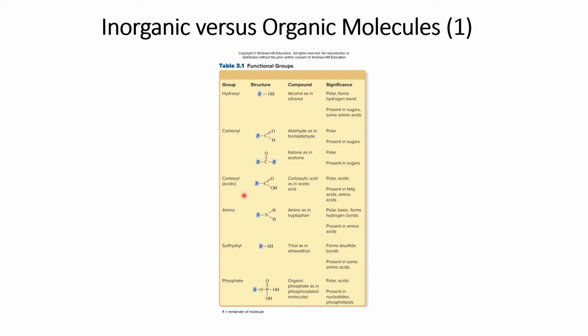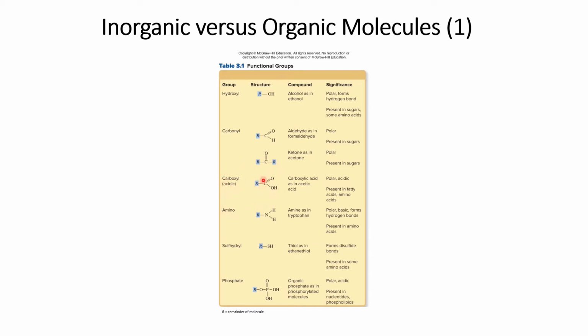Alright, the next one is the carboxyl group. You could also consider it as the acid group, because it is the most common organic acid. It's anything attached to a COOH, with one double bonded O and single bonded OH. So it has a hydroxyl group as a part of it, and that's why it's called carboxyl.